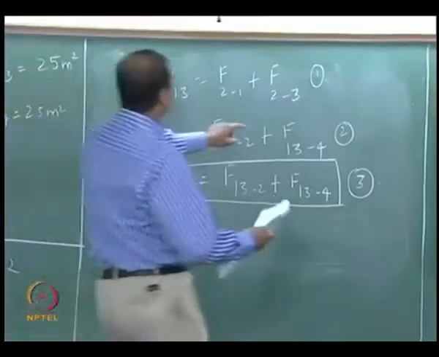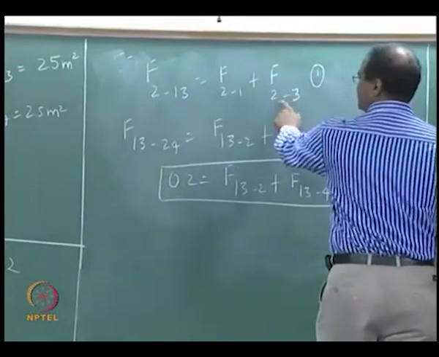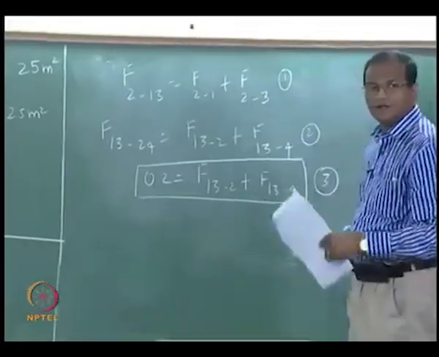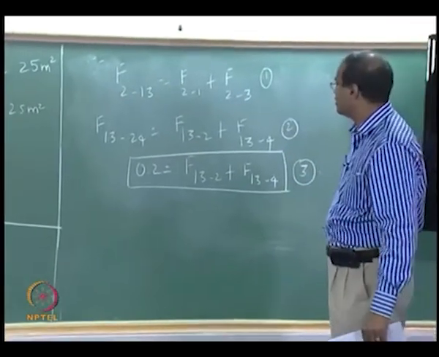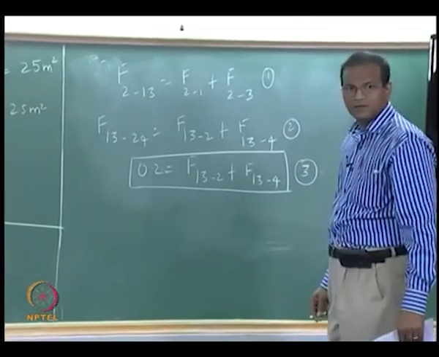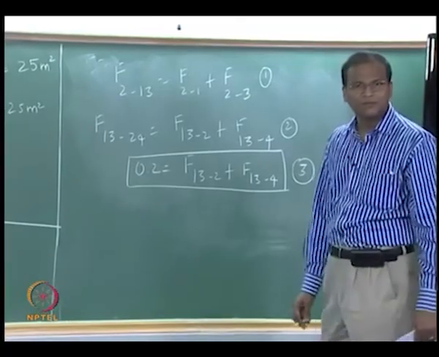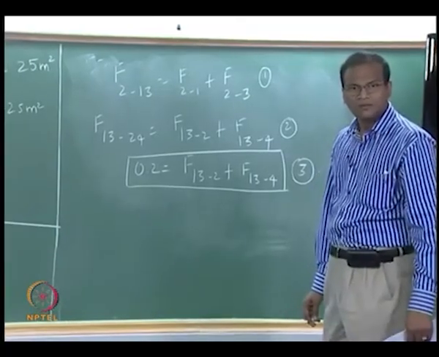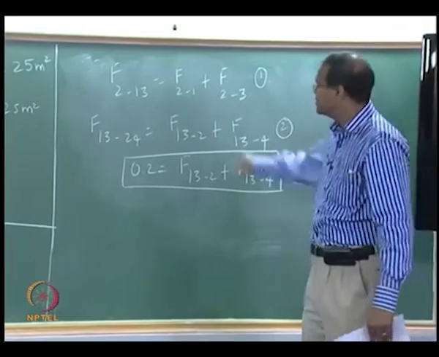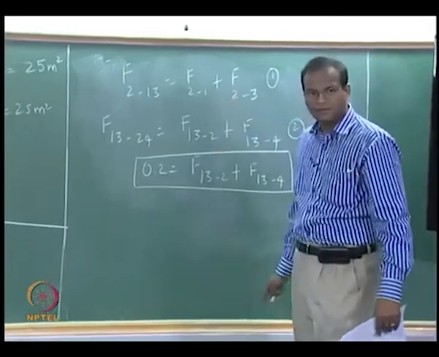From the first one, F2 to 3 is known, huh? Now you have to reduce the reverse solution. No, this is correct.